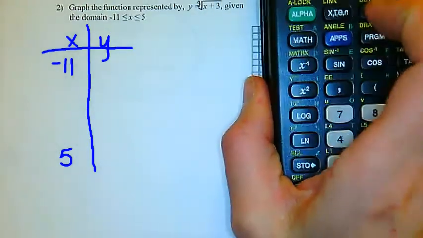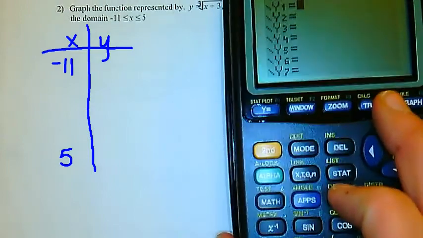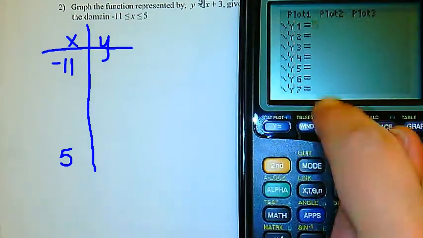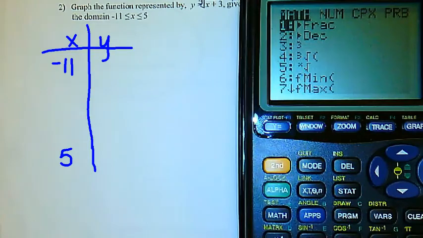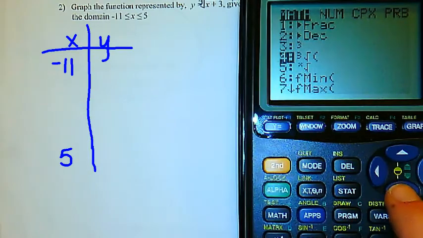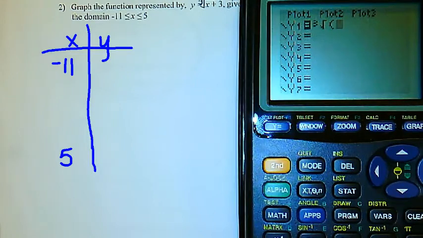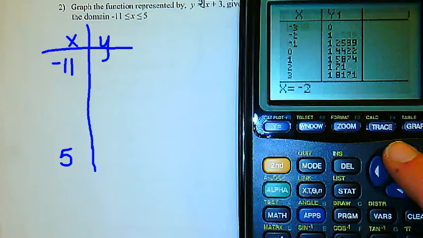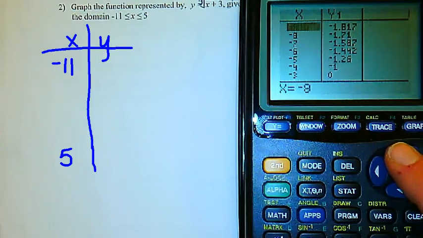So let's put it in. Math, all the way down to the cube root. Go ahead and press that. This is all underneath your radical, so you can do x plus 3 under parentheses, and then look at the table. I know I'm starting at -11, so I'm going to scroll all the way up to there.